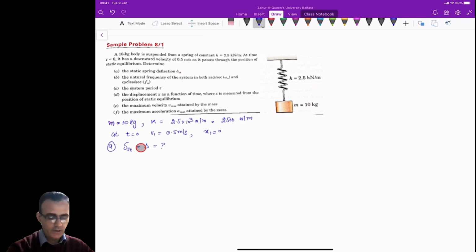We want to calculate the static deflection of this system, so for this we can draw the free body diagram. If we attach this mass to the spring, it will deflect, and we assume the body will move in this direction.